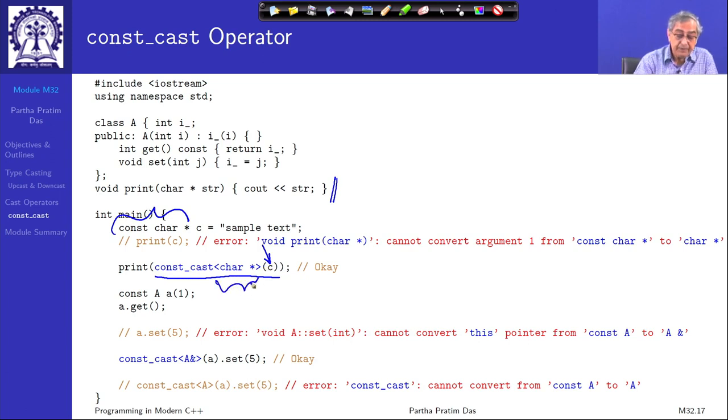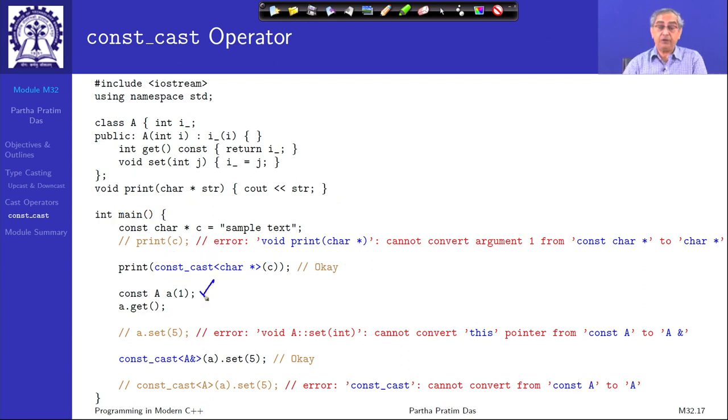What is the target type? I have given char star. So, the const is gone. The resultant expression is only char star, which matches the formal parameter type of print, and everything is okay. That is the basic purpose.